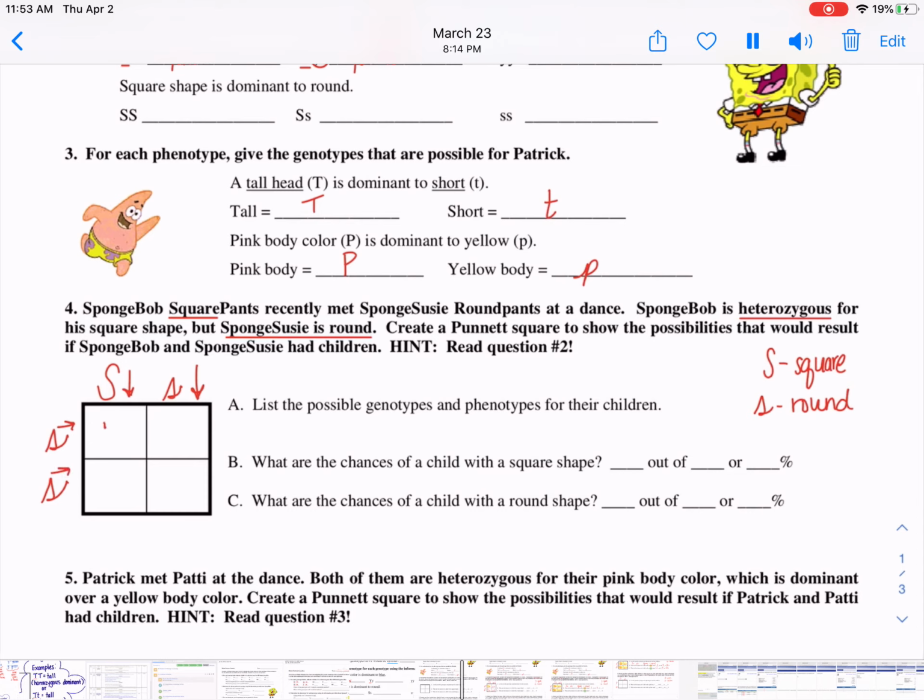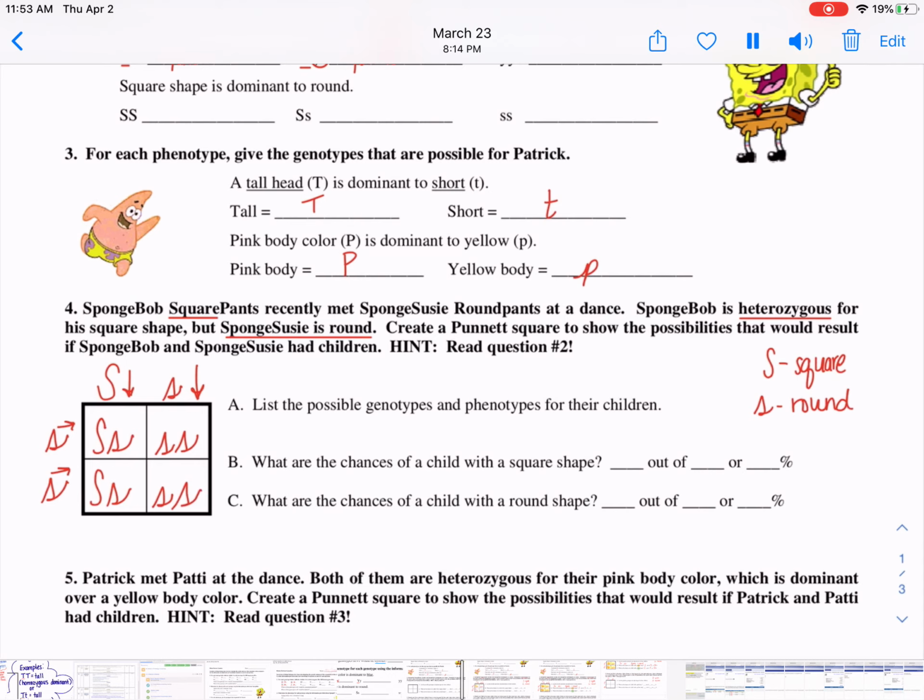So we're going to have big S, little s. Why? Because I don't write my name lowercase a, capital N, G-I-E. No, I put the capital first. And then both of these come from the top and the side. So all possible genotypes, the genotypes are going to be the children.